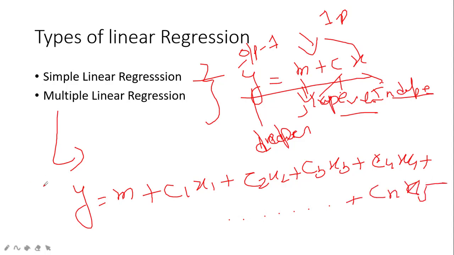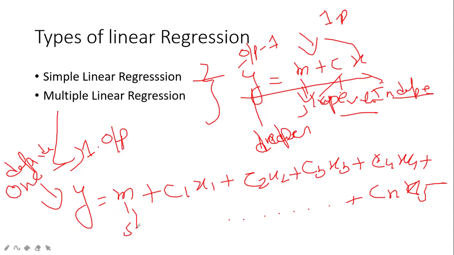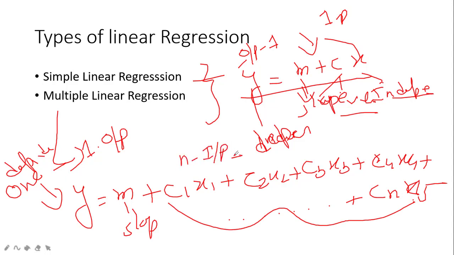If you observe, there is only one dependent variable, or one output, and the slope is also one. But how many inputs do we have? There are a lot of inputs, n number of inputs, or n number of independent variables. This is what is called multiple regression. The name itself, multiple, means n number of inputs.